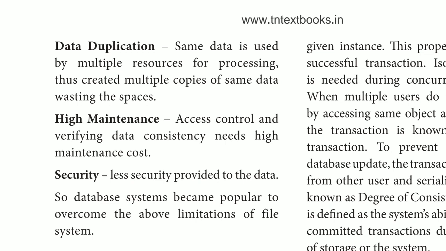The next thing is high maintenance. If you want to access data, you have to search all the data to get the required information. So it creates high maintenance, and you should protect the paper data.